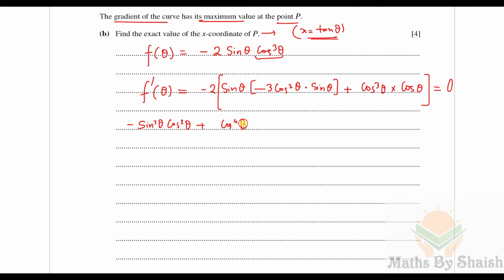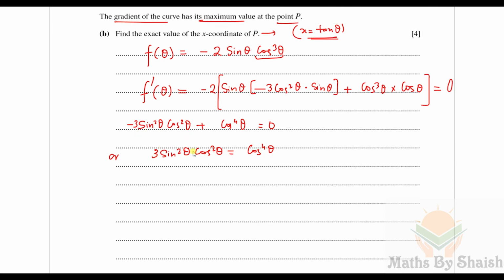Or we can write it as, taking this to the other side, multiplying by minus, sin square theta cos square theta is equal to cos power 4 theta. Sorry, here it is minus 3, so I forgot the 3, it is minus 3 sin square theta cos square theta.